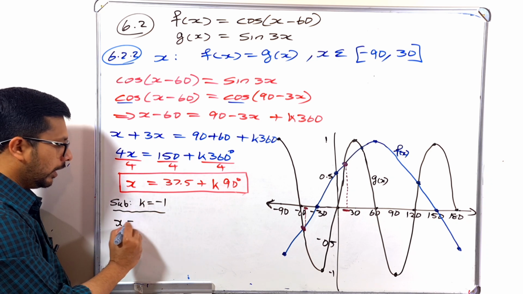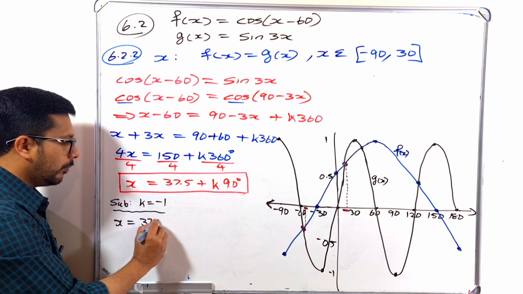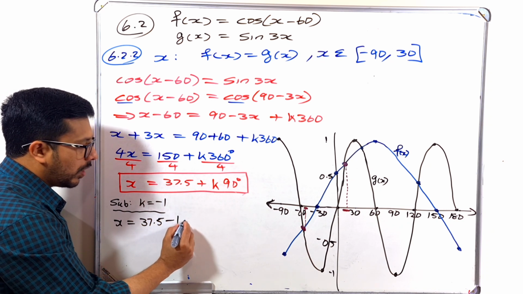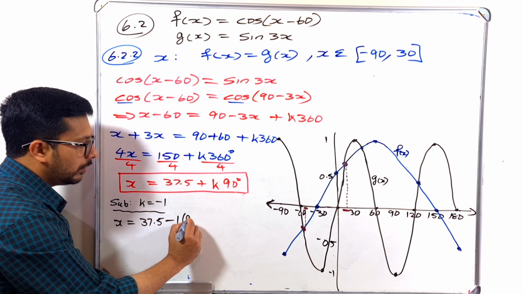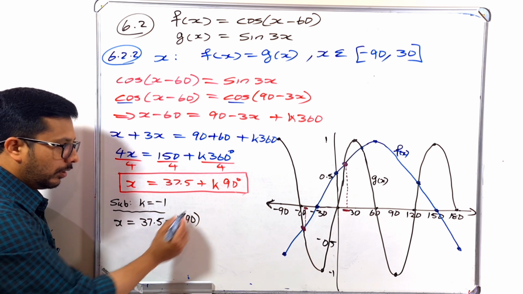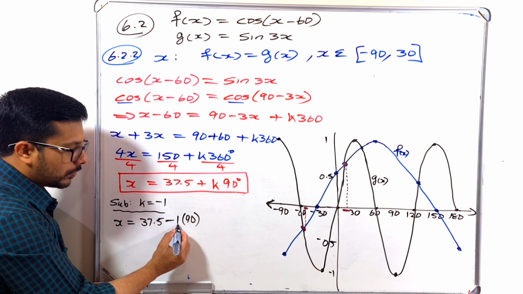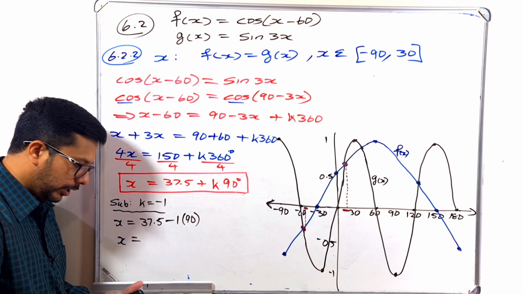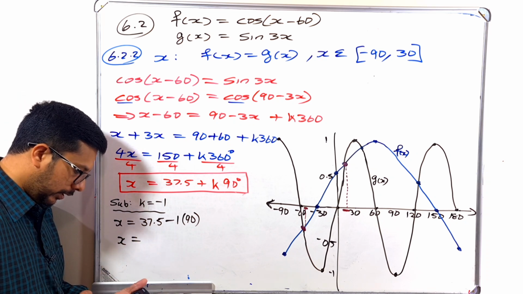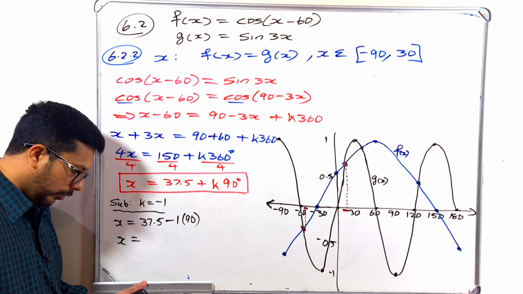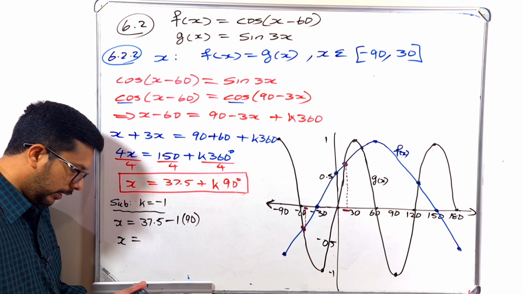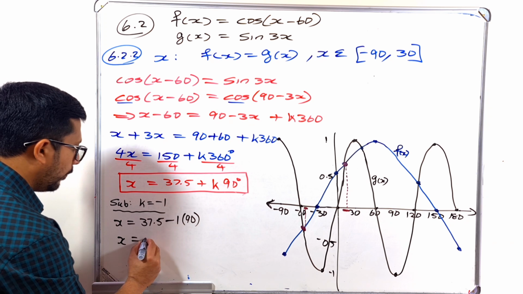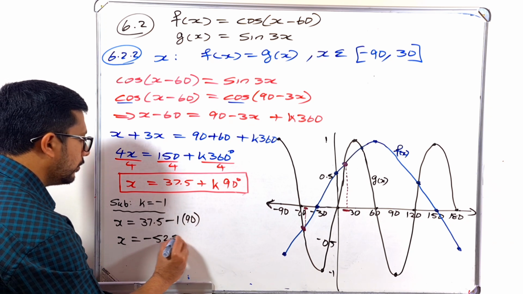So what is that one? x is equal to 37.5, then k as minus 1, minus 1 times 90. So check in your calculator what is the answer for that one. 37.5 minus 90, that is minus 52.5.